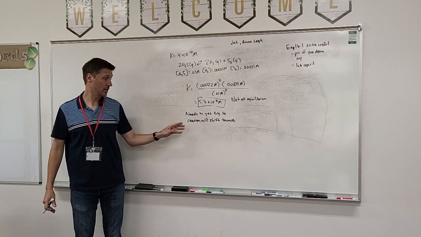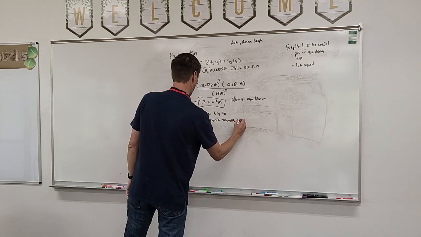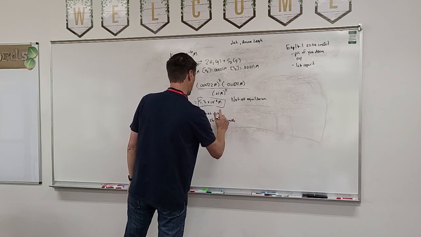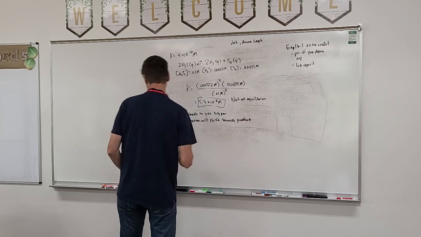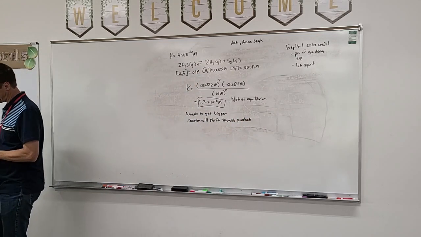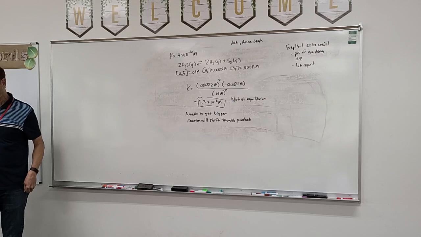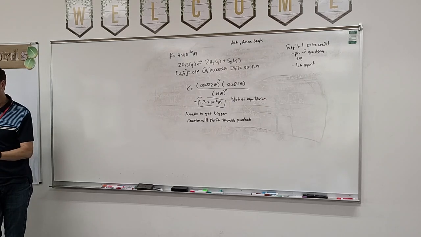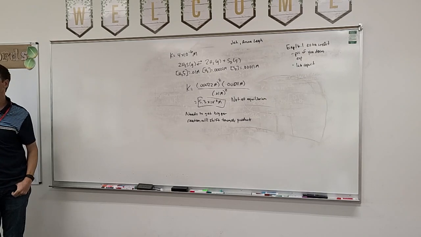The top part is the products, so this is going to shift towards the products. Needs to get bigger, so the reaction will shift towards products. Any questions about that? Does that make sense to everyone?